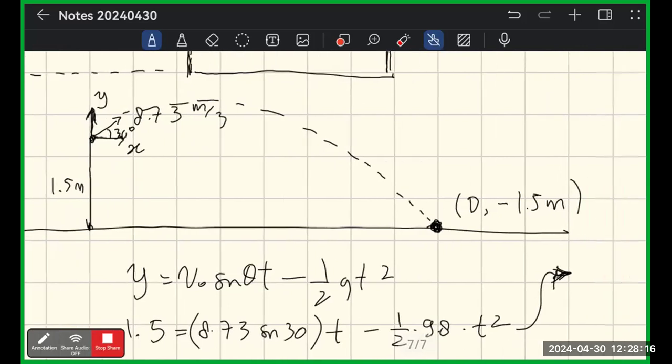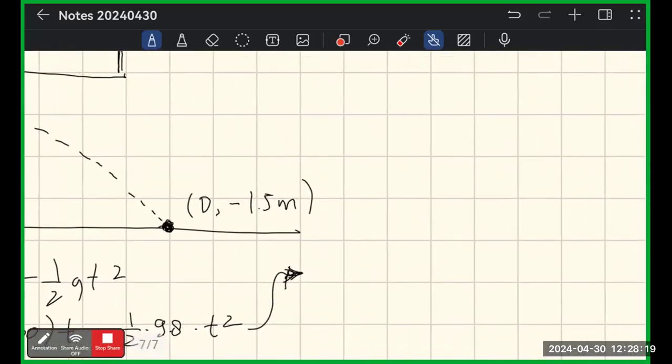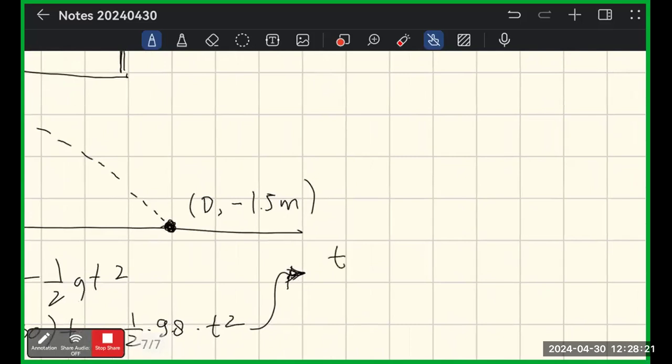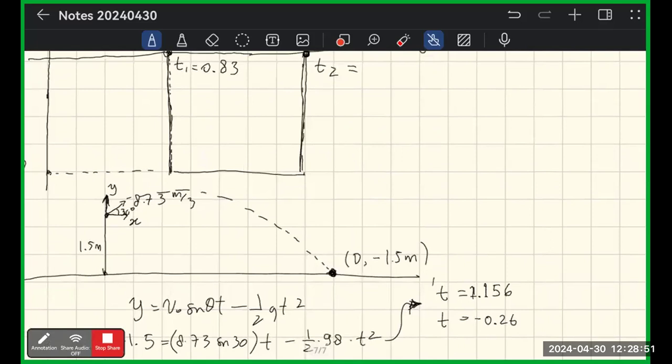So I get two t's here, because it's a quadratic equation. You'll get two values: 1.156 and t equals minus 0.26. Obviously, you don't have a negative time.